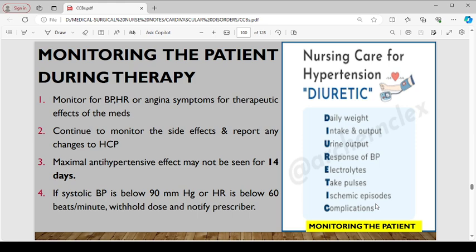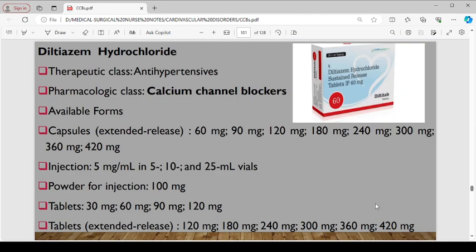Okay, so it takes around 14 days or so, at least, for you to start seeing this antihypertensive effect. So if you are giving this drug and you find that the systolic BP is below 90 or the heart rate is below 60 beats per minute, you need to withhold the dose and notify the prescriber for that case. All right.